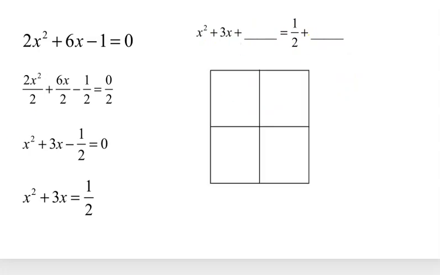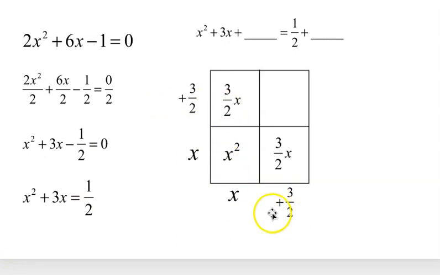There's the square. There's the x squared, which is x times x. Split the 3x in half. 3/2 x, 3/2 x. Length, width are both x for x squared. One is 3/2, one is x for 3/2 x. To complete the square, 3/2 times 3/2 is 9/4, and we add that to both sides.